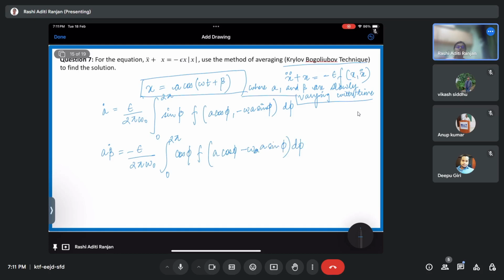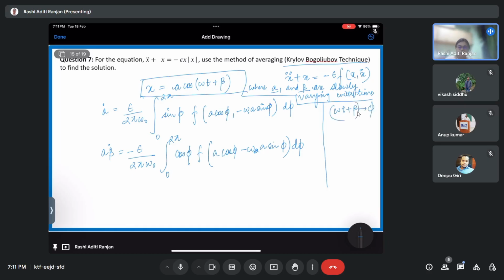So here we have considered a and beta as slowly varying functions of time, right? But if you see what we are doing, despite a and beta being functions of time, we are considering x as a cos of omega t plus beta, and that as phi.